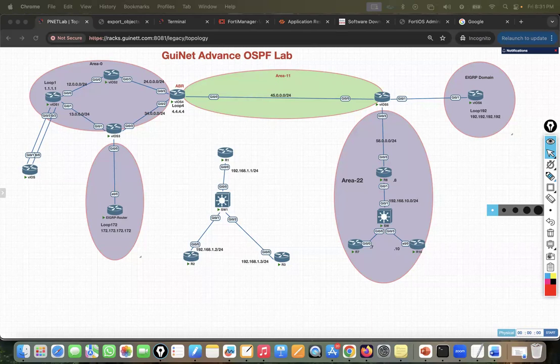So OSPF is quite popular, but it's very complex if you compare it with EIGRP. EIGRP is okay. It is very fast and always has a backup path. But OSPF also acts like it has the whole topology table in its brain.